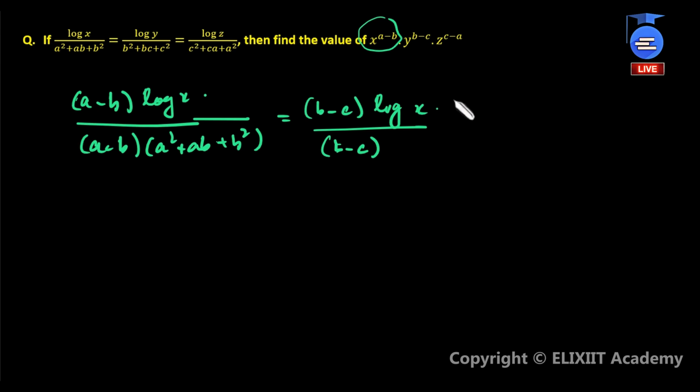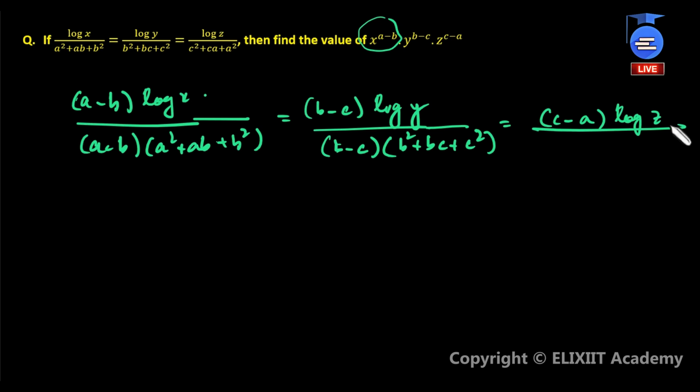Sorry, I'll take y, so y to the power b minus c will come. So over here we have b square plus bc plus c square, and this is c minus a, similarly log z upon (c minus a)(c square plus ca plus a square).